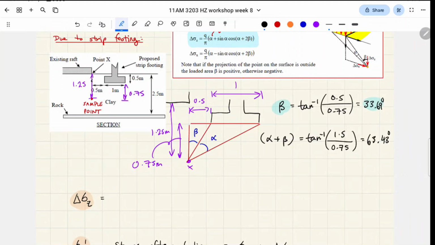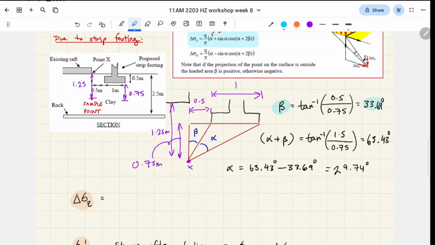So in order to get this angle here, we need that big angle subtracted by this small angle beta in order to get that remainder angle, which is alpha. That gives us that this angle is 29.74 degrees.